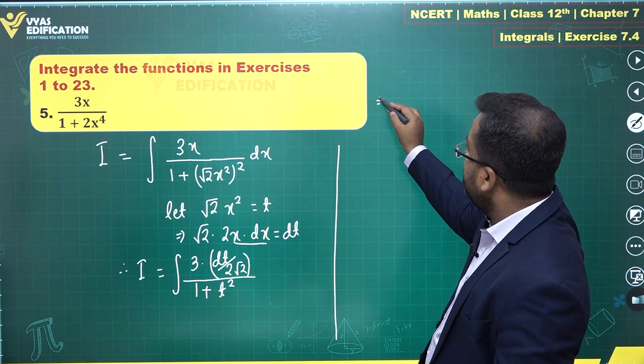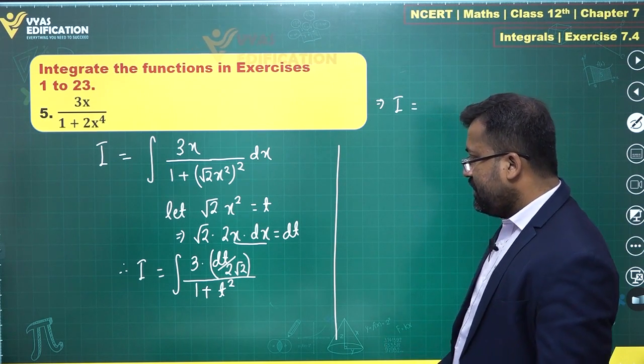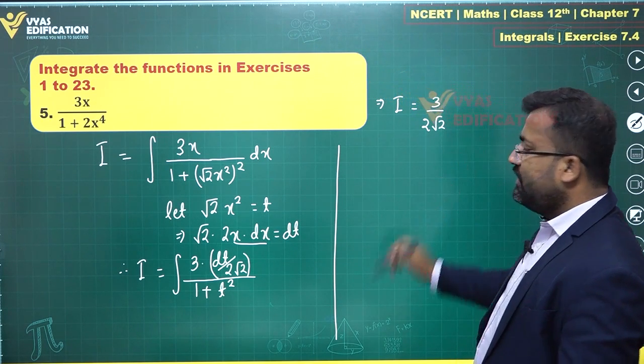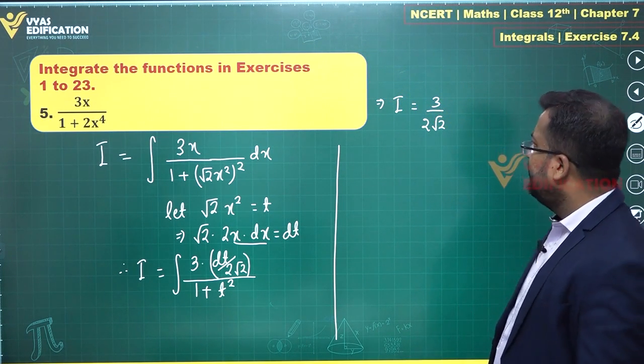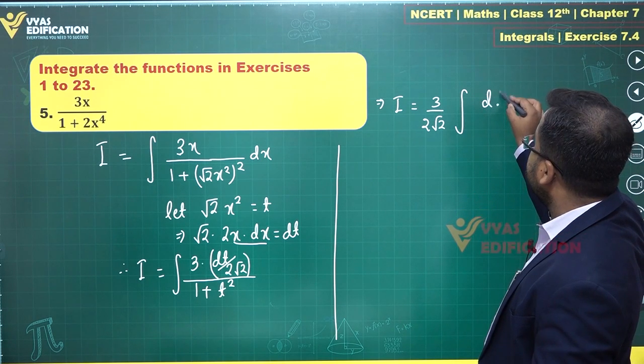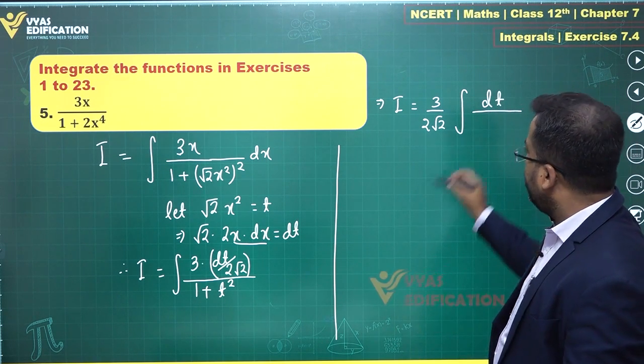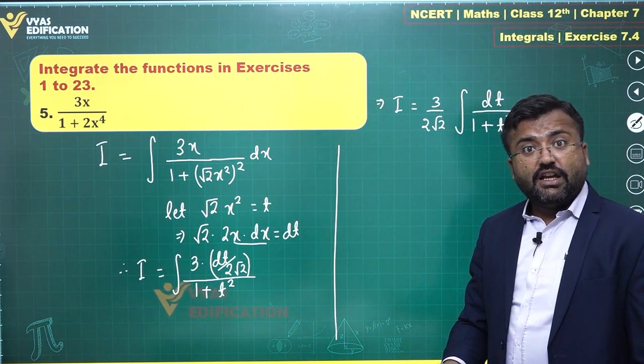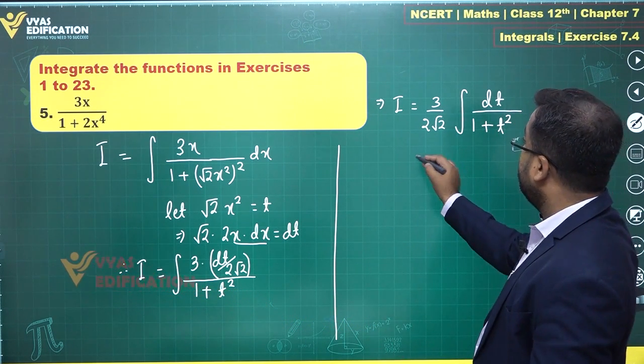So that gives me I is equal to 3 upon 2 root 2 will come outside the integral. This is not impacting anything, right? And integral has dt upon 1 plus t square, and this here is a standard formula, right? So we can apply that formula.